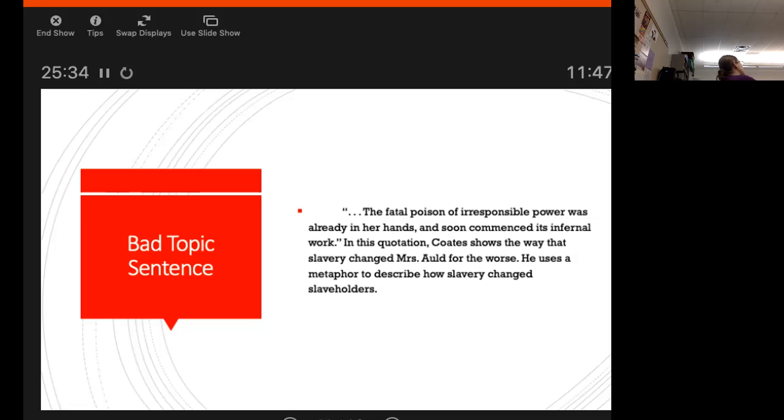Write a topic sentence for this paragraph that will work so much better than just having it be the quotation. They want to talk about how Mrs. Auld changed and how Frederick Douglass uses a metaphor to show that change. So write a topic sentence that will be about that instead of just a quotation.